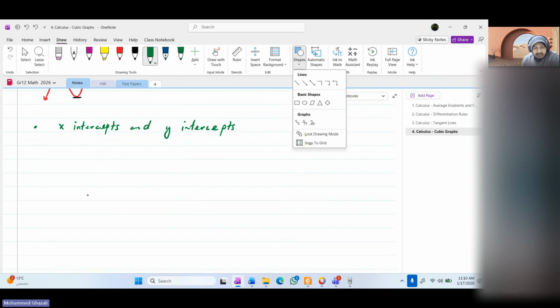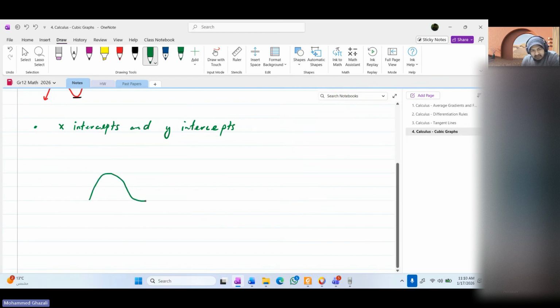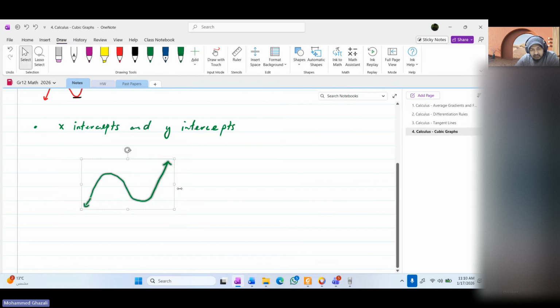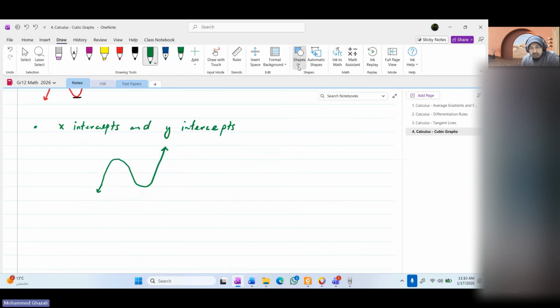So if I have a cubic function like this, I'm just going to give you a general graph. I'm not actually solving anything here, right? We're just going to look at that. For the x-intercept, we need to look at the x-axis, and for the y-intercept, we need to look at the y-axis.